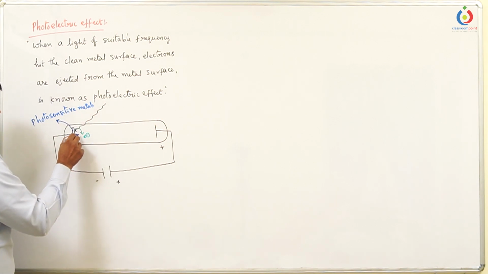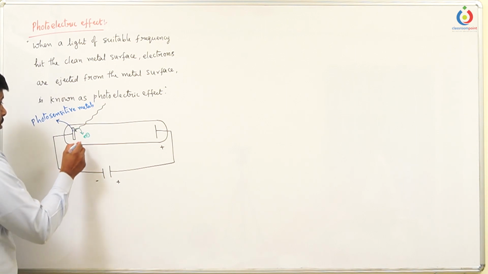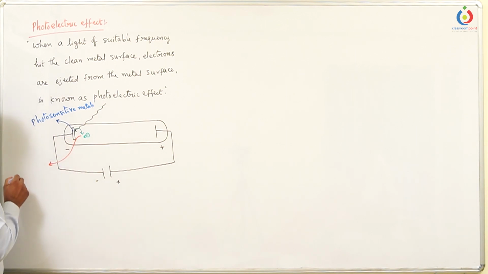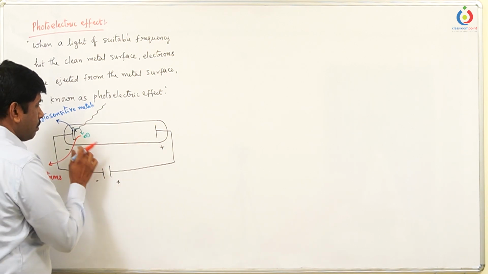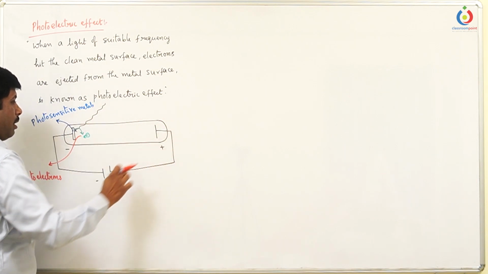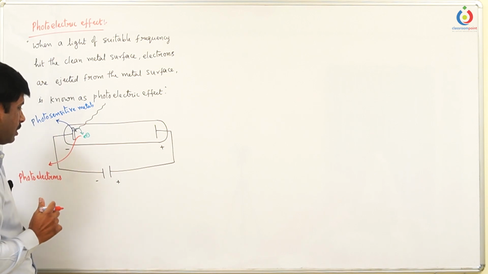The electrons thus released are known as the photoelectrons. And these electrons travel from the negative part to the positive part so that they supply the current. So electrons move in this direction and current moves in the opposite direction.